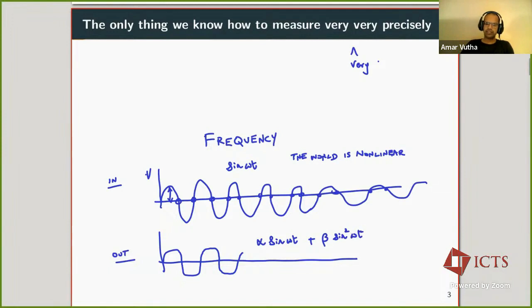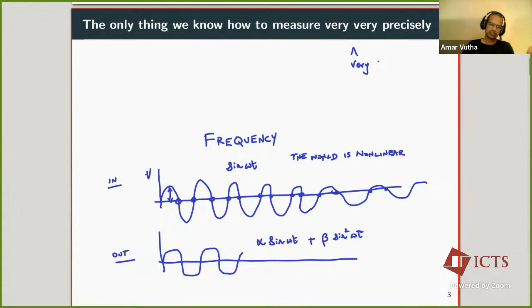But the neat thing is that sine squared of omega t contains frequencies which are integer multiples of omega. It's the neat nature of sines and cosines, as a mathematical fact. That means that if you have something oscillating at a certain frequency, even if it goes through a nonlinear system, you can still recover extremely well what frequency went in. You might see some harmonics, some multiples of that frequency, but you'll still be able to get that base frequency really well, even in the presence of nonlinearity.